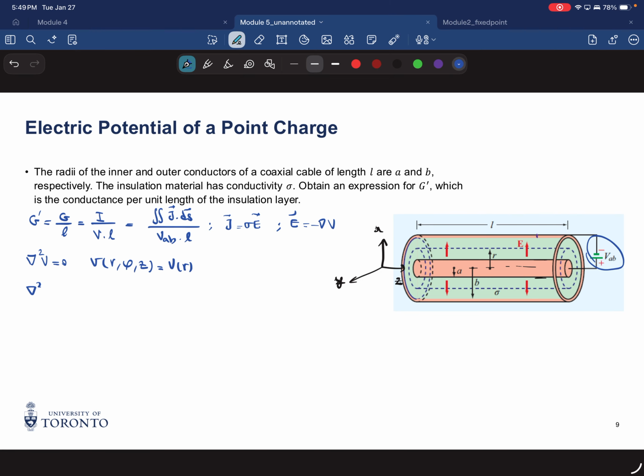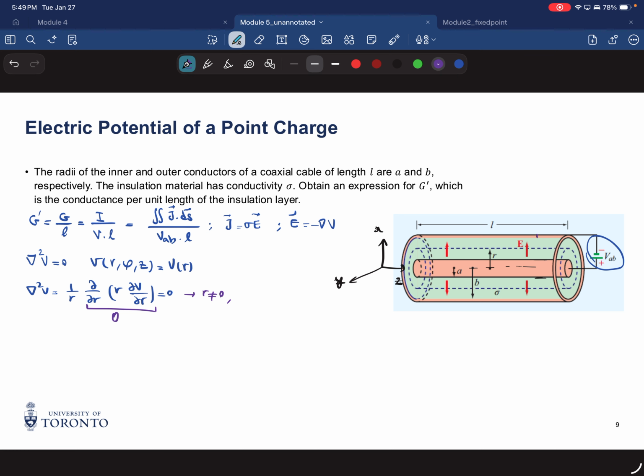The Laplacian of v is equal to 1 over r, derivative of r times the derivative of v with respect to r. That's the equation for the Laplacian of v in the cylindrical coordinate system when we only have a functionality of r. If you want to solve this, then assuming that r is not 0, which is correct because we are solving from a to b, then we can say that this must be the one that is 0.